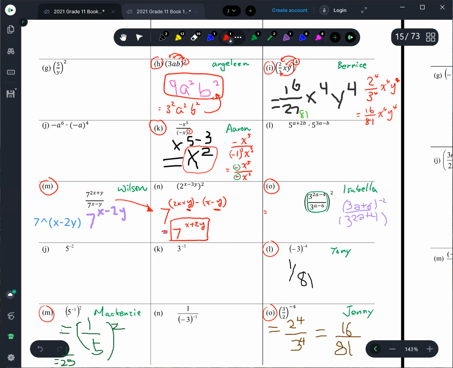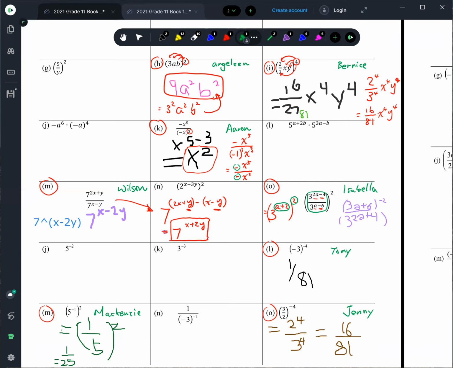So if you simplify the inside, it'll be 2a subtract a, that gives you 1a. -4 subtract -6 gives you +2. And then outside you have a 2. This exponent on the outside can multiply with the exponent on the inside. This is using the third law, the third rule. Multiply the exponent, so you should end up with 3 to the 2a plus 4.